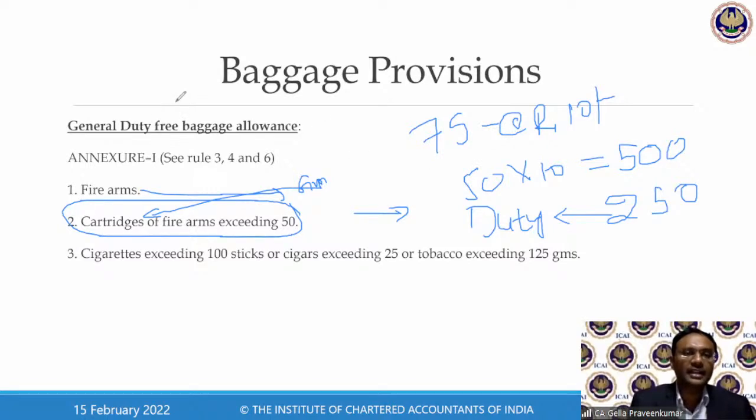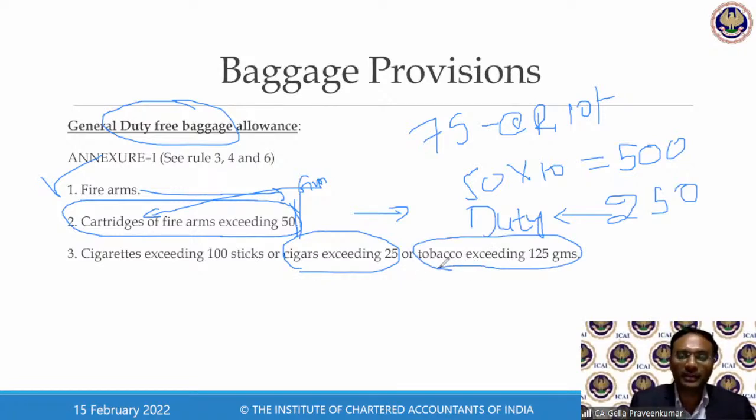They say general duty-free baggage. Firearm allowed. Cartridge not exceeding 50. Up to 50, sir, yes, allowed. Cigarettes exceeding 100, sir, up to 100, allowed. Cigar exceeding 25, up to 25, allowed. Tobacco exceeding 125 gram, sir, up to 125, equivalent to 125, allowed.